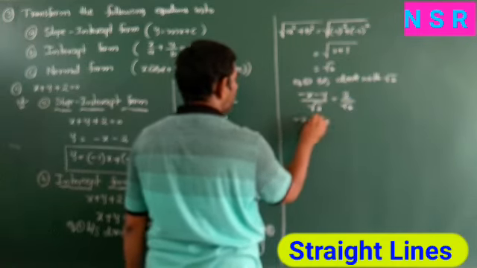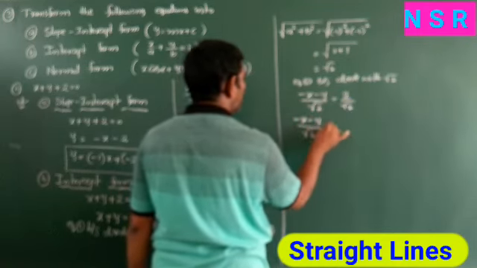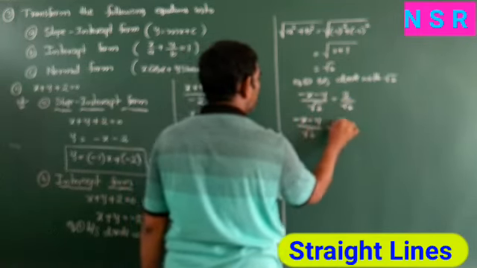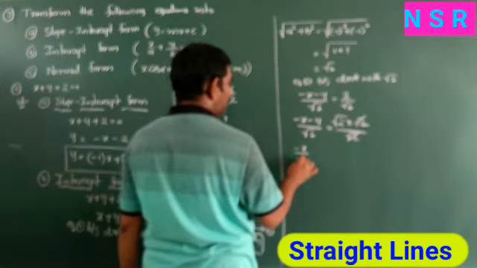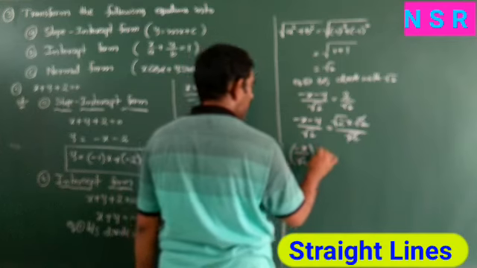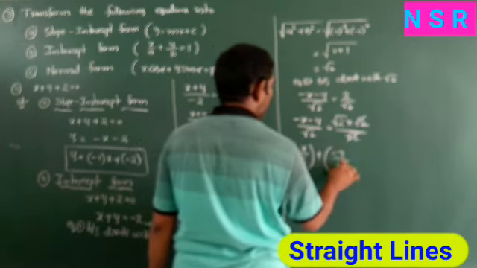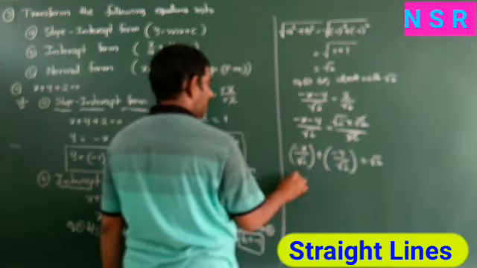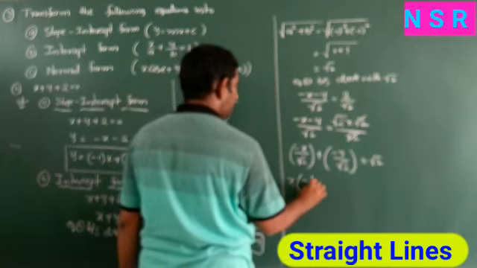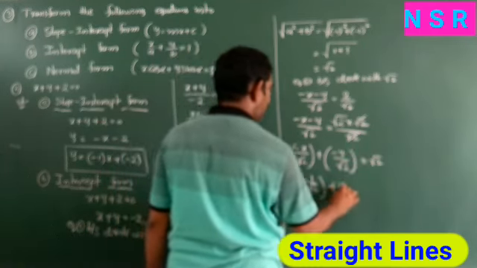We can write 2 as root 2 into root 2, so by root 2, root 2 gets cancelled. Now separate these terms: minus x by root 2 plus minus y by root 2 is equal to root 2. It can be written as x into minus 1 by root 2 and y into minus 1 by root 2 equal to root 2.